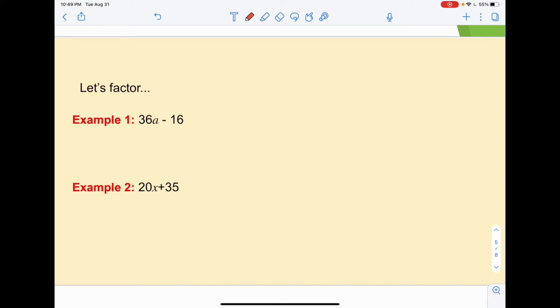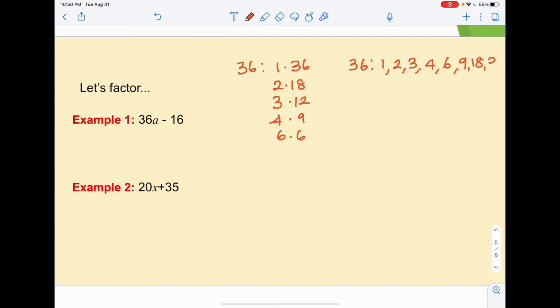Let's go ahead and find the factors of 36. 1 times 36 will give us 36, 2 times 18, 3 times 12, 4 times 9, and 6 times 6. So if I list them from least to greatest, the factors of 36 will be 1, 2, 3, 4, 6, 9, 18, and 36.